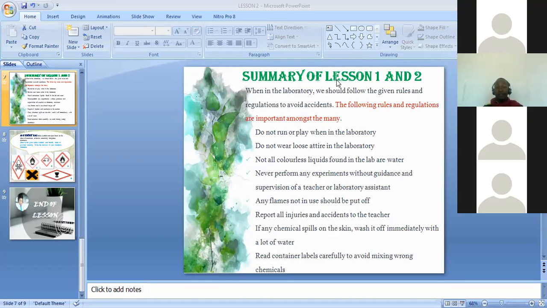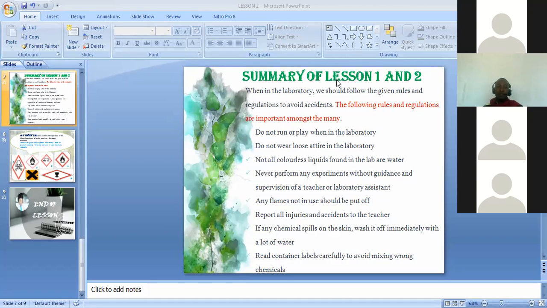We have suggested some of them. That shows that my class is very brilliant, because many of these rules and regulations had been suggested in our first lesson.